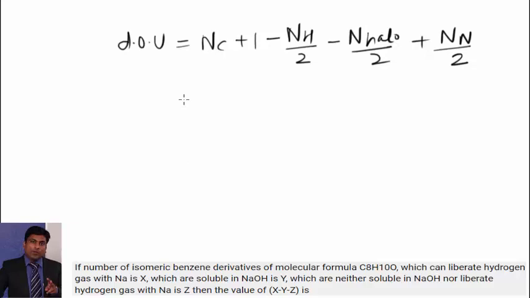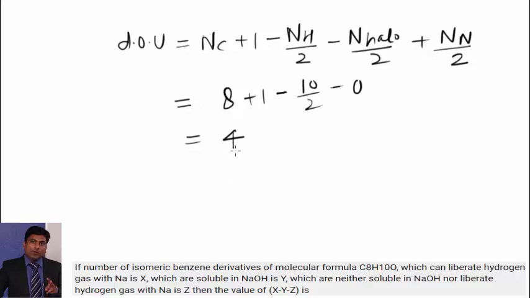If you substitute carbon 8 plus 1, hydrogen 10 by 2, halogen 0, nitrogen 0, the value comes as 4. So the degree of unsaturation is 4.